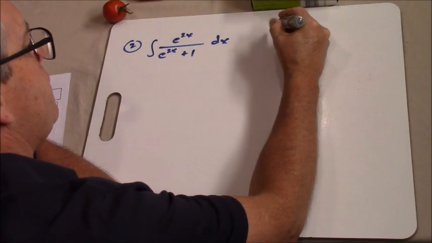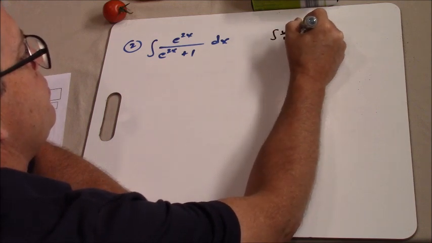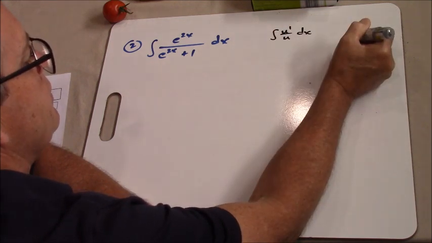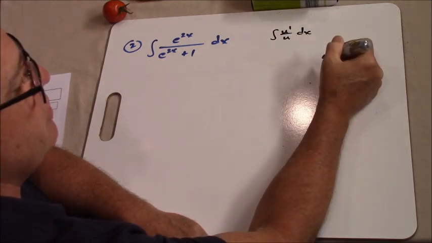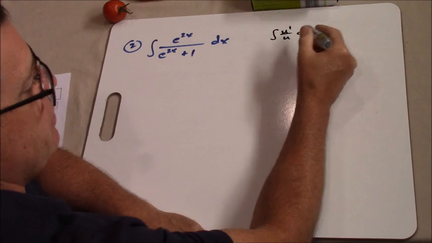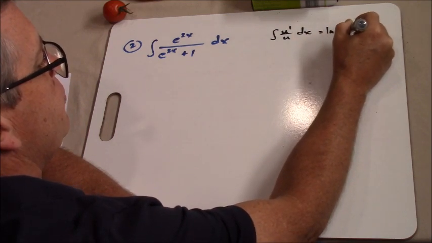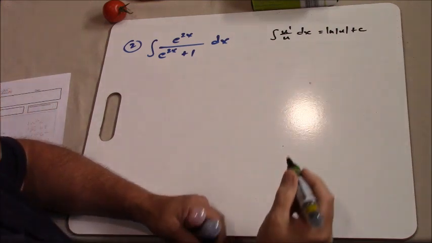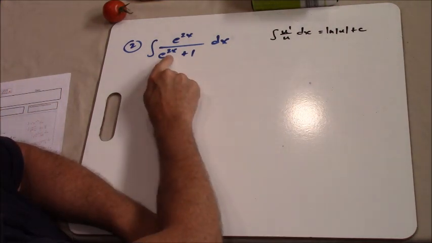When you look at that, to me that looks like u prime over u dx. Again, it's not written this way in the front of our book, it's just written du over u, but this way makes it a little bit clearer. The answer is natural log absolute value of u plus c. So this looks like a u prime over u, almost.